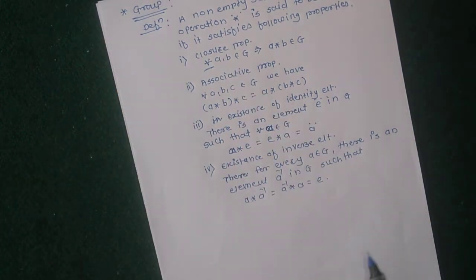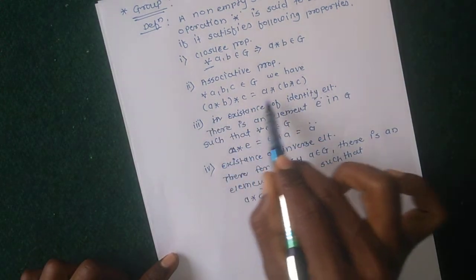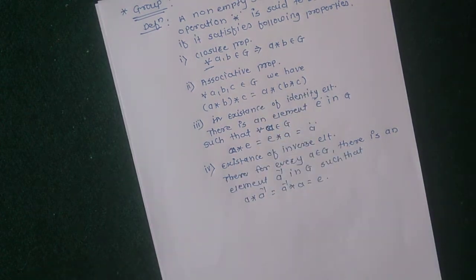Closure property means that when we apply the binary operation on 2 elements, their value must be in the given set. Associative: when this equality is satisfied, then the associative property also holds.